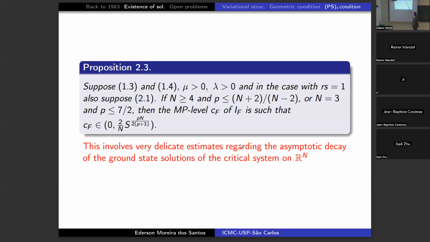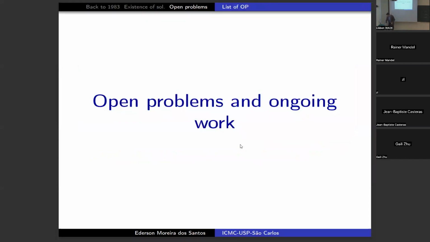So for n greater than or equal to 4, there is no restriction on p, or if n equals 3 and p is less than 7/2, then the mountain pass level of the functional is in the good range, the range where we have compactness. So this is the argument.